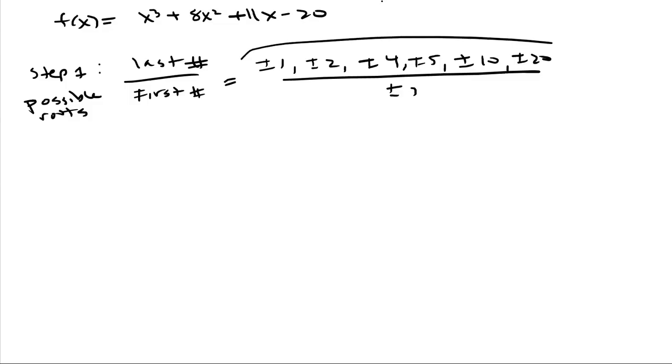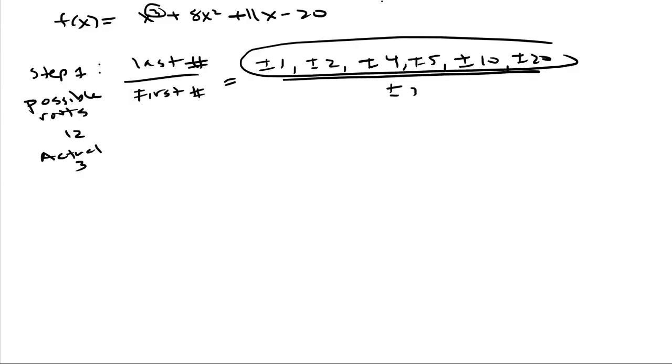So we'll just get the same result when we divide by plus or minus 1. So that means our possible roots are the 12 values from plus or minus 1 to plus or minus 20, but in reality, we only want 3, right? We have a power of 3, so we only want 3 of them.